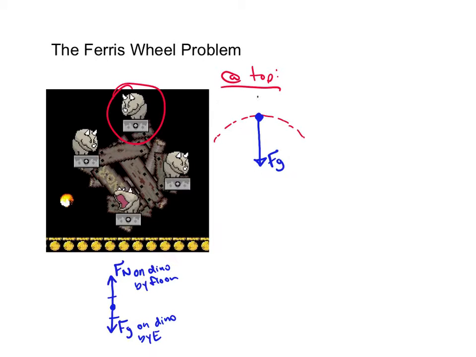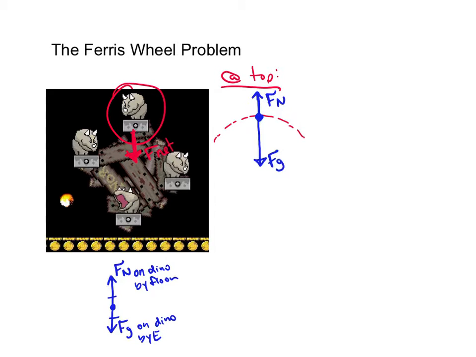So I'm going to purposefully draw the normal force shorter than the force of gravity. And that's what we want. We want to make sure that that net force is always pointing towards the center. Again, I don't draw the net force on force diagrams, but you want to make sure that the net force points towards the center there.